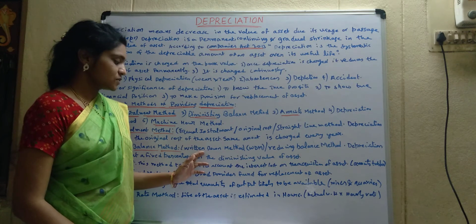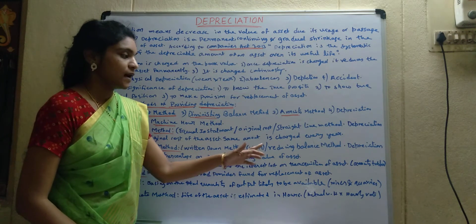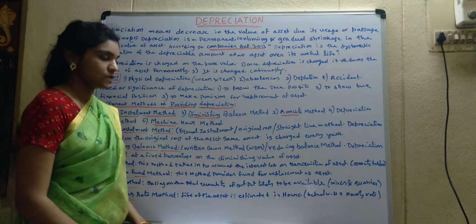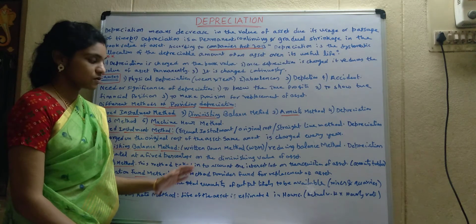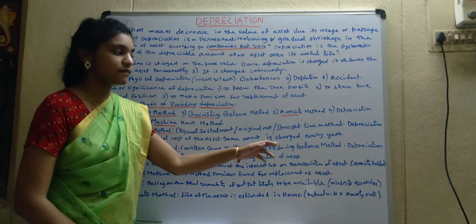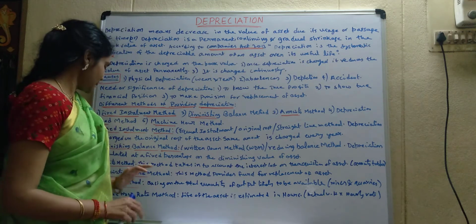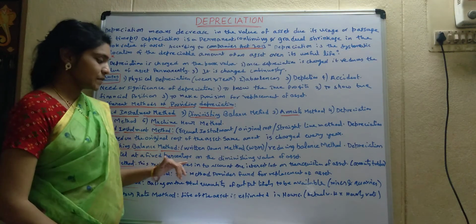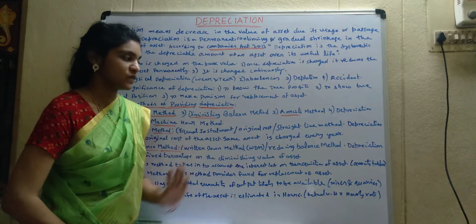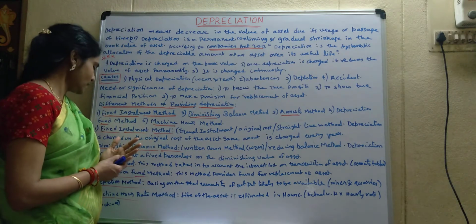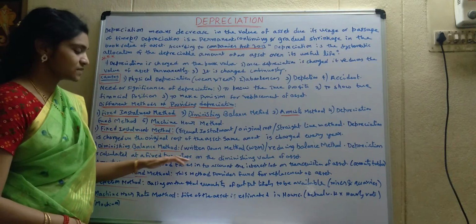And coming to the diminishing balance method. This method is also called written down method or reducing balance method. Depreciation is calculated at a fixed percentage on the diminishing value of the asset. In this also, depreciation is calculated at a fixed percentage.